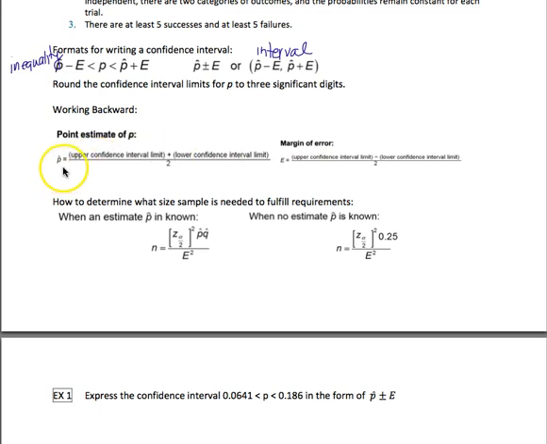So we want to know the point estimate and we want to know what the margin of error is. When we do the examples, you're going to see why these work, but they're very similar to each other. For p hat, you add the 2 limits together and divide by 2. For the margin of error, you take the upper minus the lower and divide by 2.